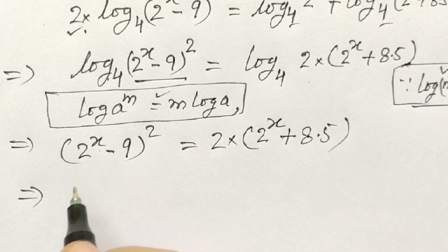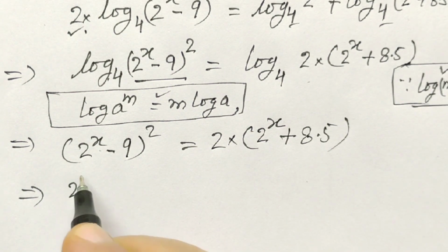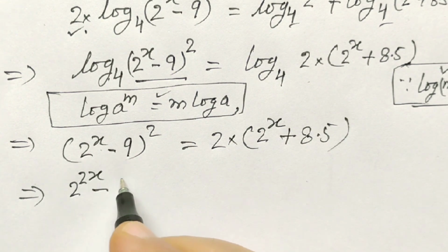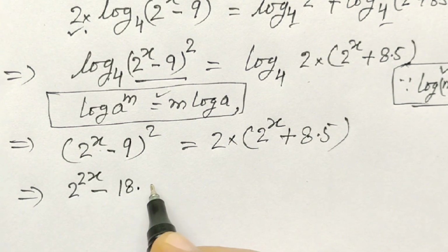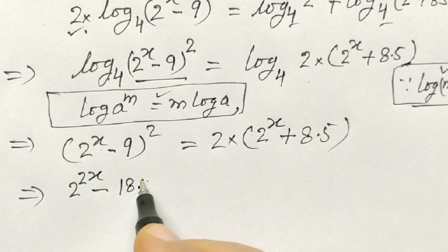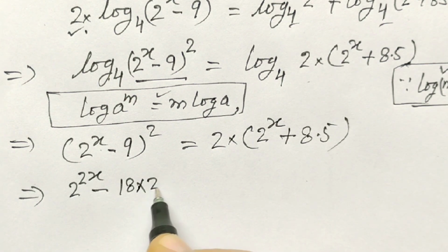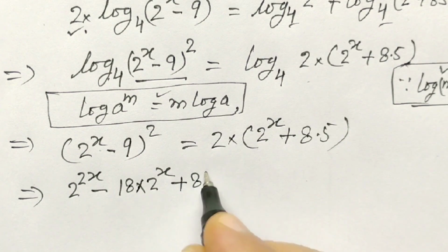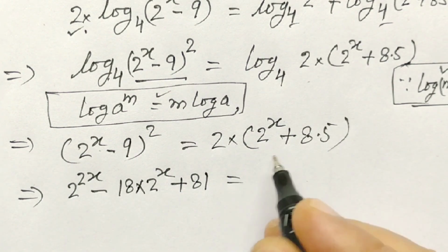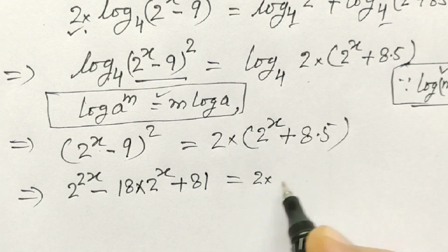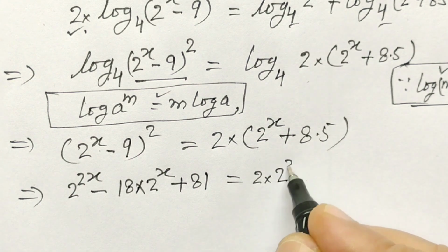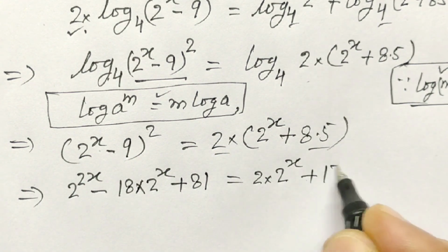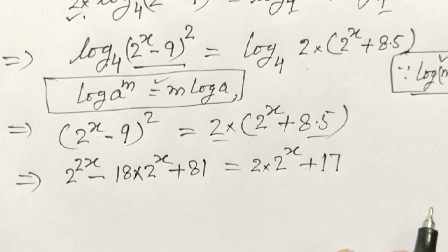If we expand this, 2 to the power 2x minus 18 into 2 to the power x plus 81 is equal to 2 into 2 to the power x plus 17.